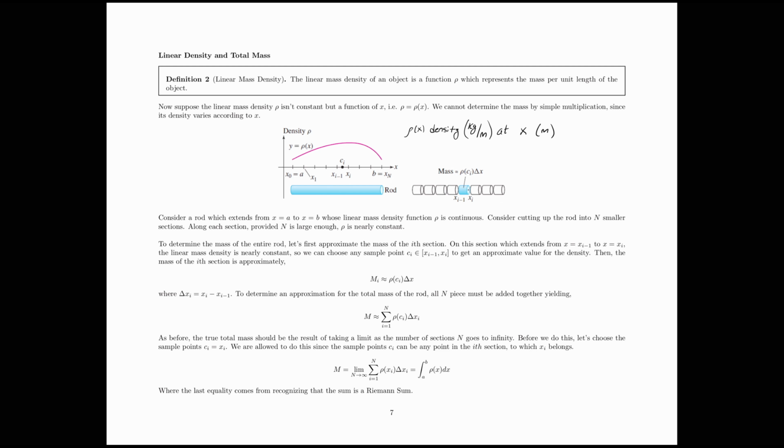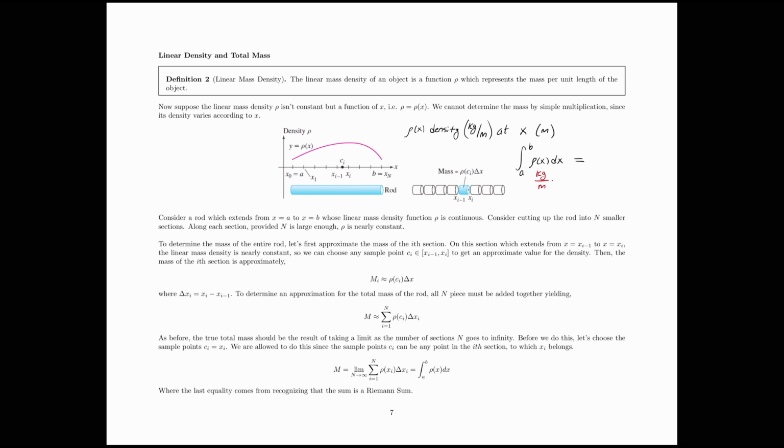So what does the integral over some range of values of this density function look like? What does this tell us? Well, the nice thing about an integral is that whatever your input units are, here kilograms per meter, we take that and multiply it by the units of x.